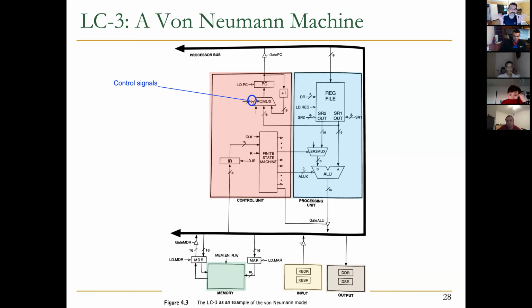And sometimes maybe not. This is what the other input is for, because you may want to jump to another location. This is why you need a multiplexer here to choose from.